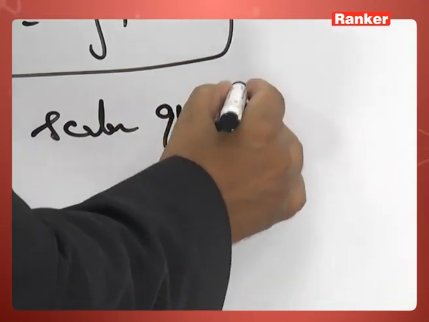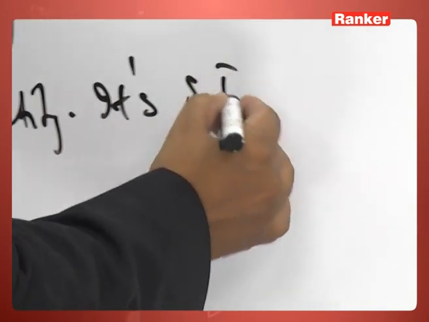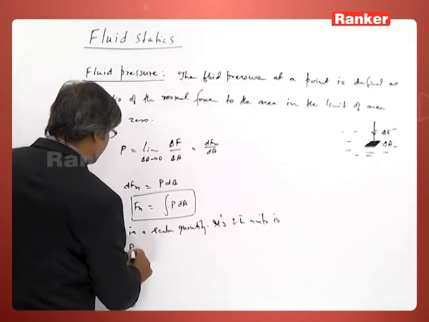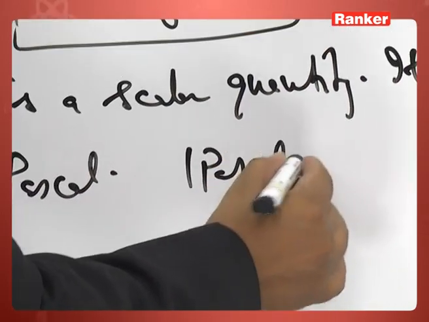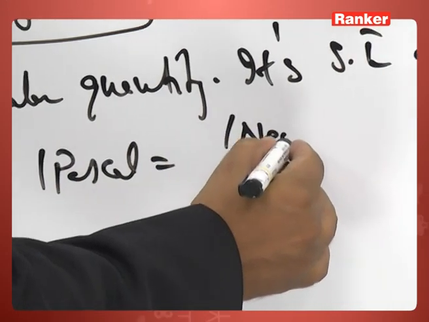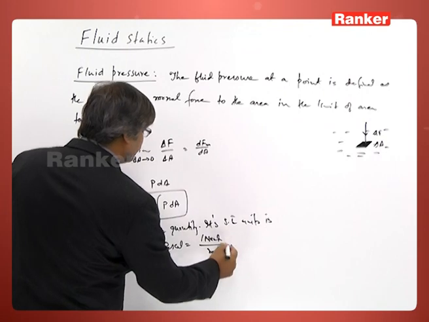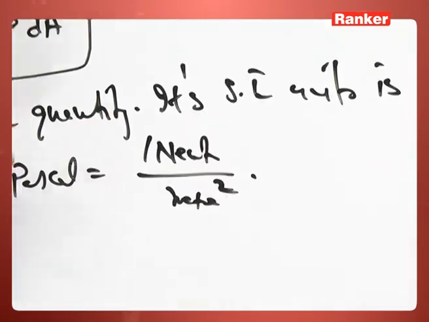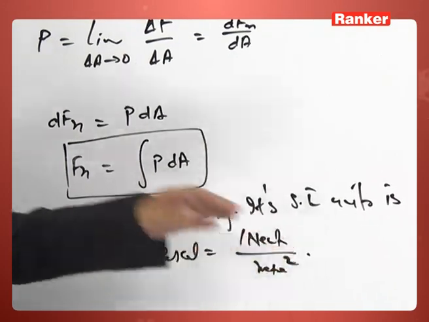Its SI unit is Pascal. 1 Pascal is equal to 1 Newton per meter square.